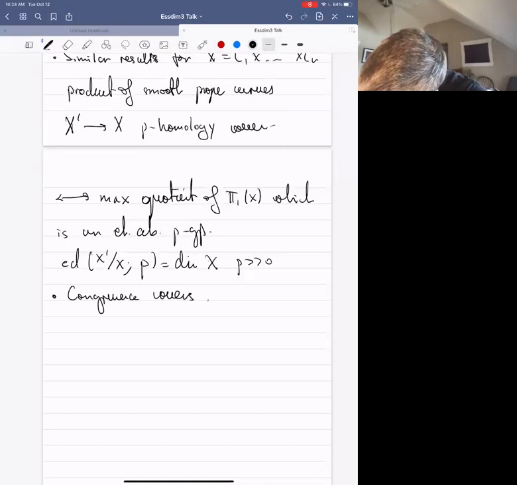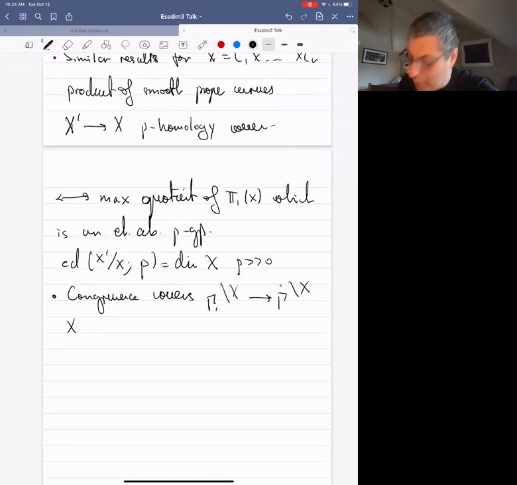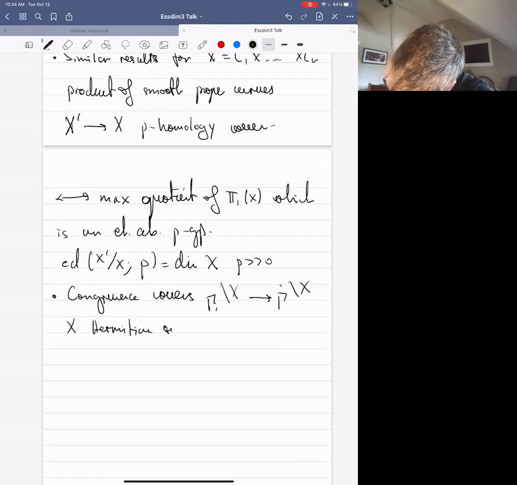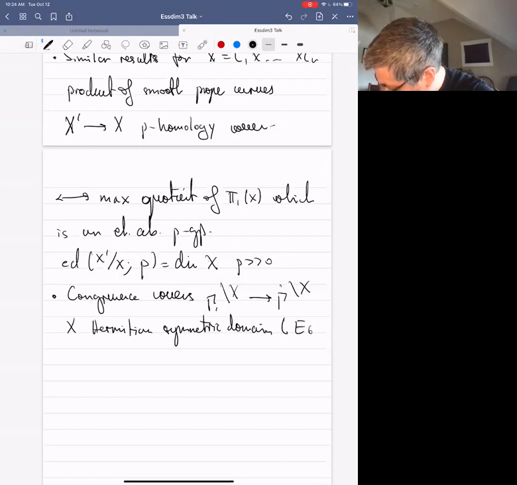I'm just going to write this mnemonically and then say a little bit about it. Here X is now, I should have used a different symbol, but the only name you can have for a Hermitian symmetric domain is X. And this includes even the exceptional group case where it applies.